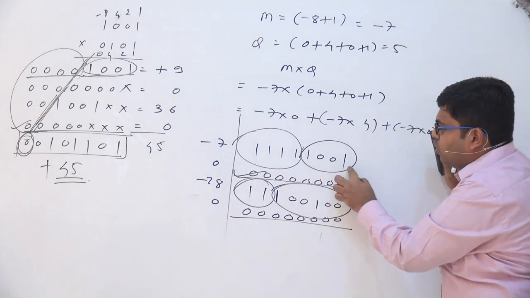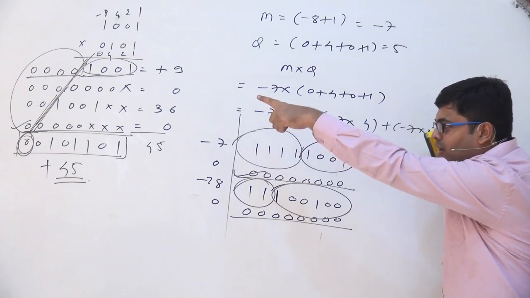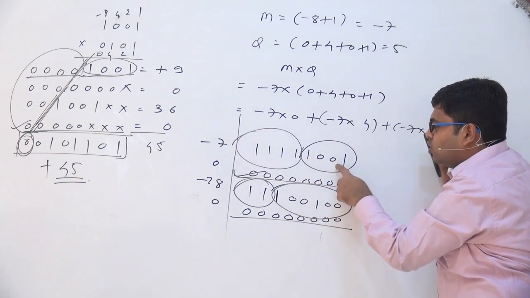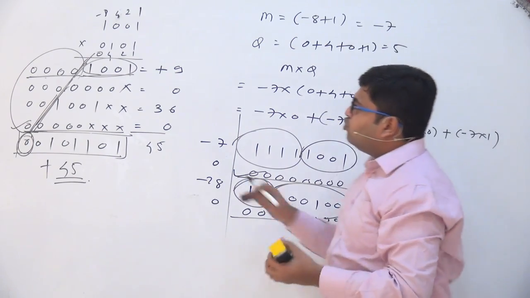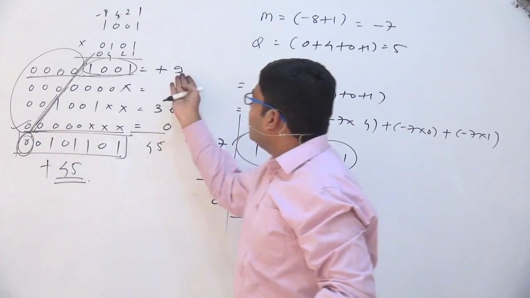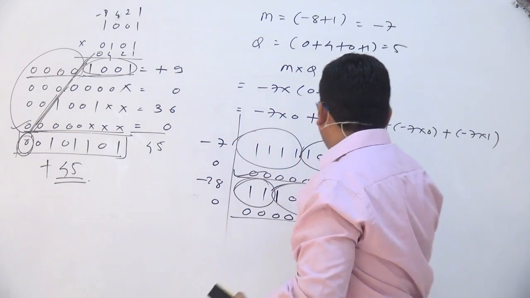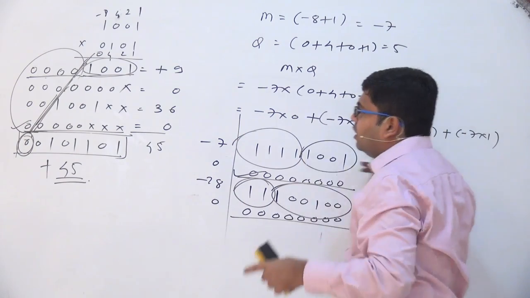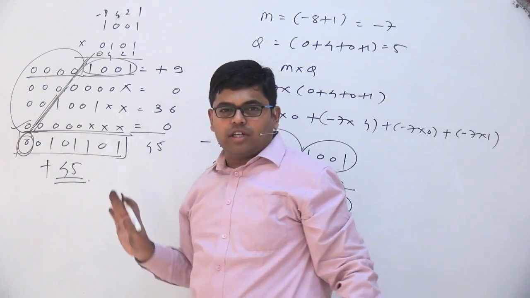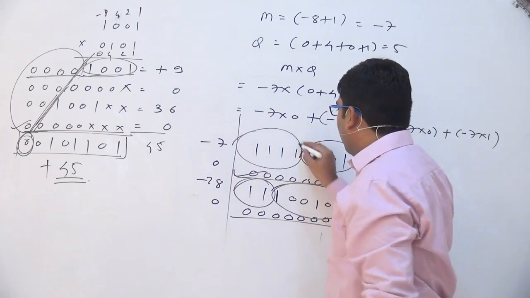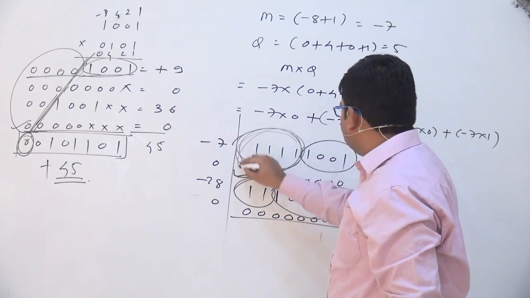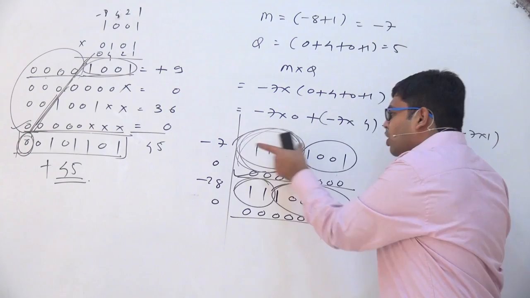See, this 1001, if I add zeros, it will become wrong. It will become like that. Because 1001 is minus 7, and if you add 4 zeros like this, then it will get converted to plus 9. However, if you add 4 ones, then minus 7 will remain minus 7.